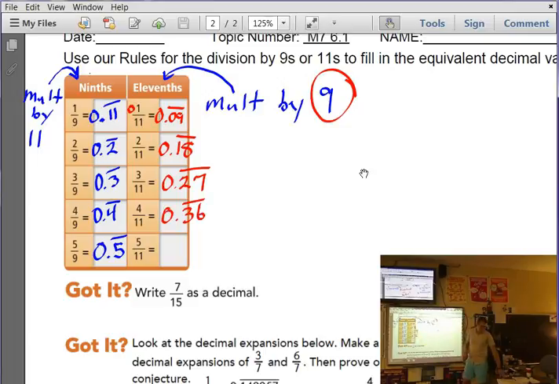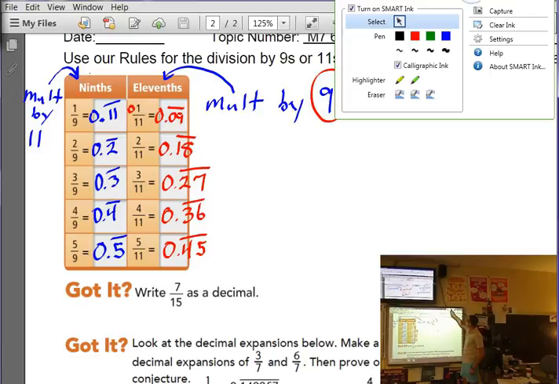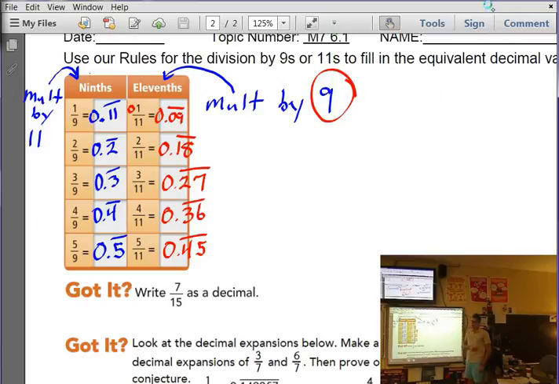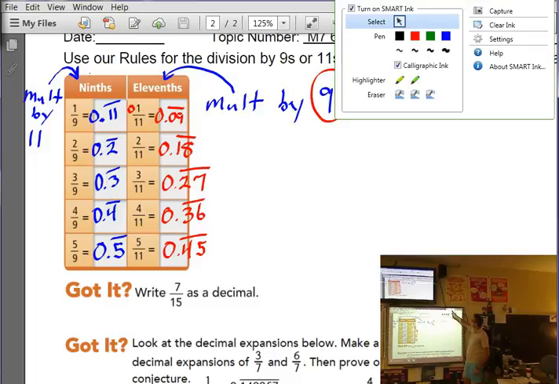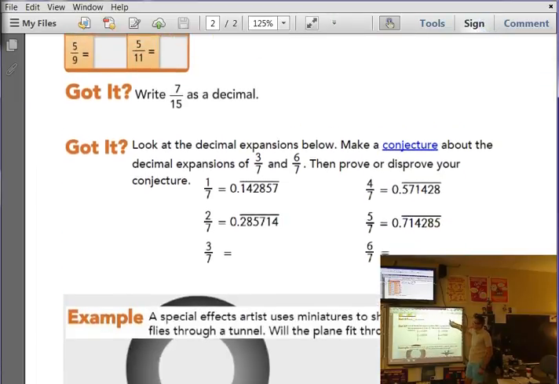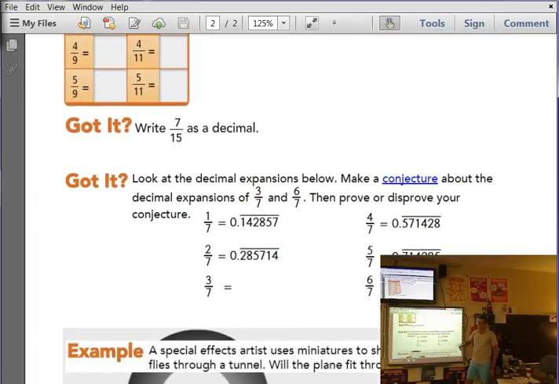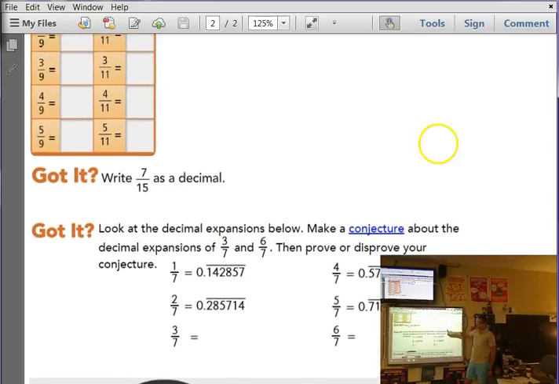And 5/11, class, give it to me. 45 repeating. Any questions on any of the 9ths or 11ths? So that's the main part of your homework, being able to divide by the 9s or being able to divide by the 11s. 7/15, there's not some special trick.